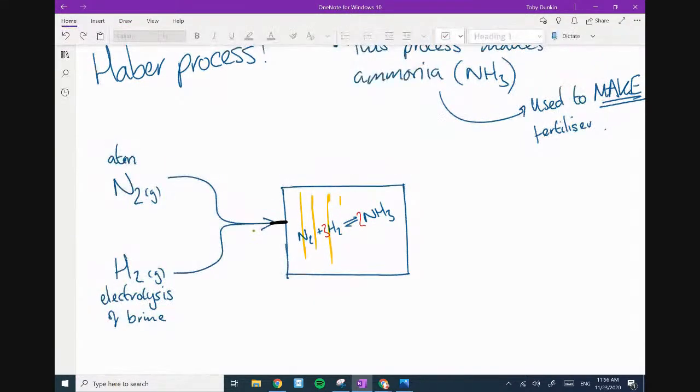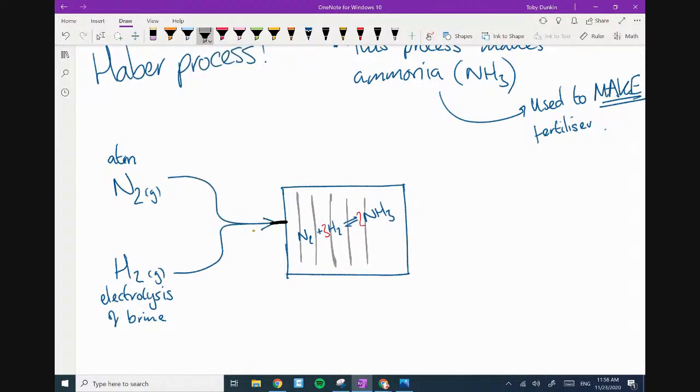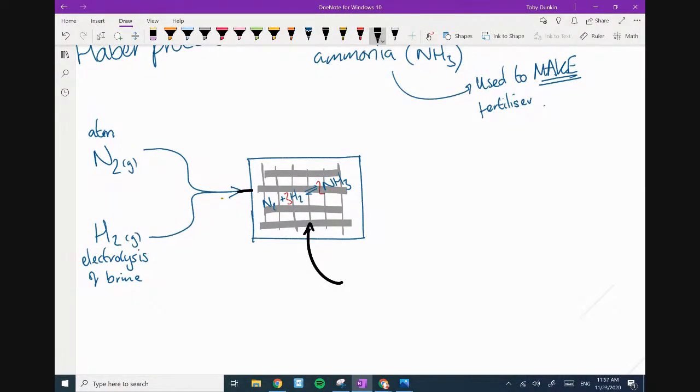There's a reason why it should be done in gray. Inside here is a wire frame. I'm going to shrink my pen. A wire mesh covered in powdered iron metal, iron solid.